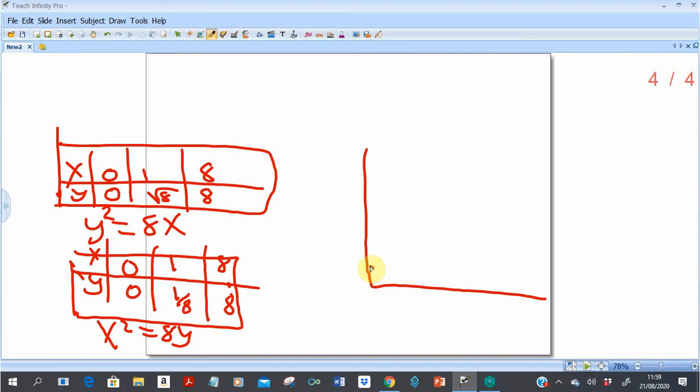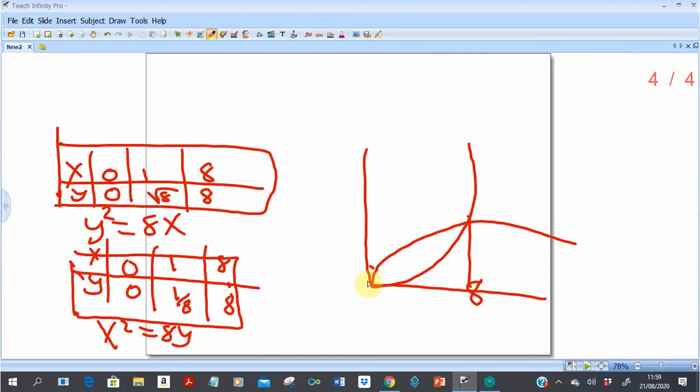Okay, so I'm just trying to sketch. Okay, so we have it there. So that is our 8.